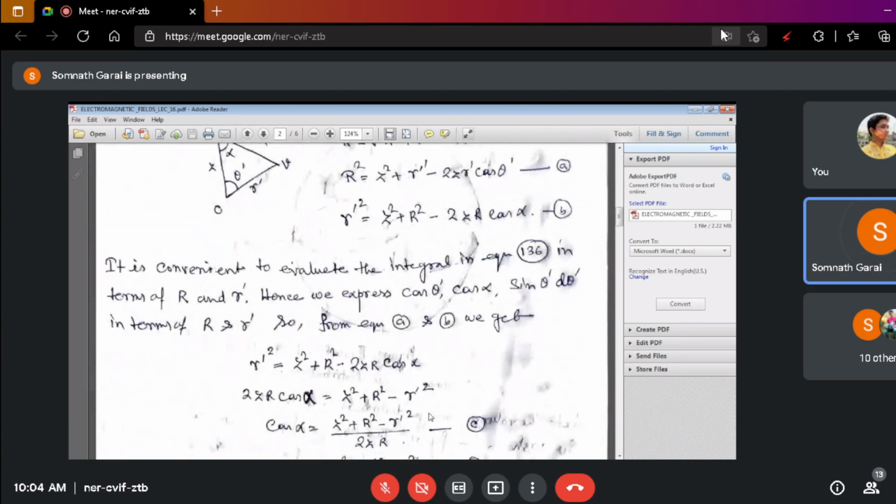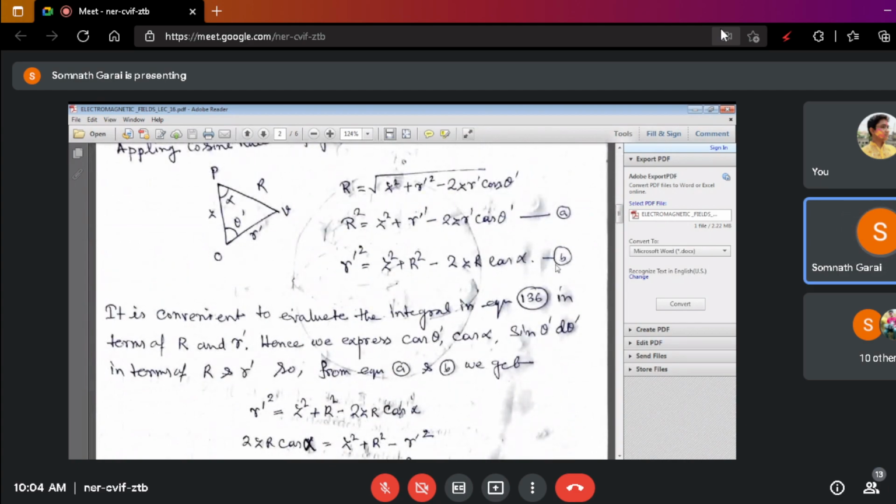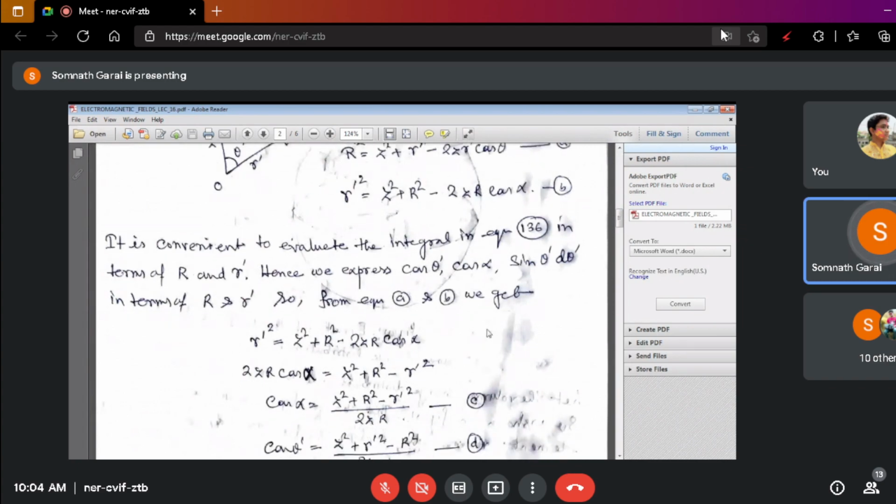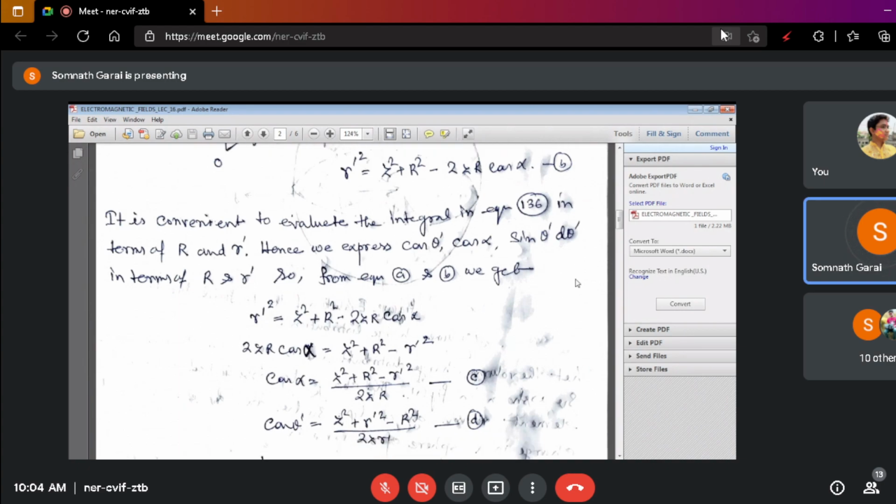So, from this equation number B, we can write small r dot square is equal to z square plus capital R square minus 2z capital R cos phi. So we can write 2z capital R cos alpha is equal to z square plus capital R square minus small r dot square.